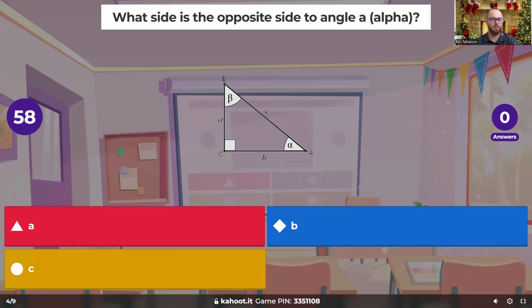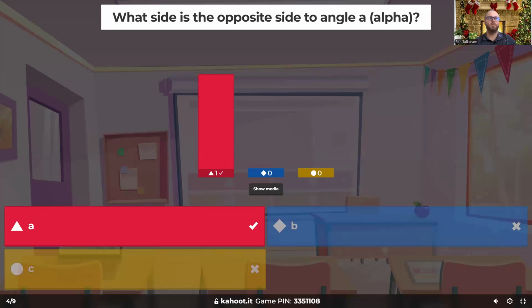What side is now opposite to angle A? So side A was opposite to angle A.